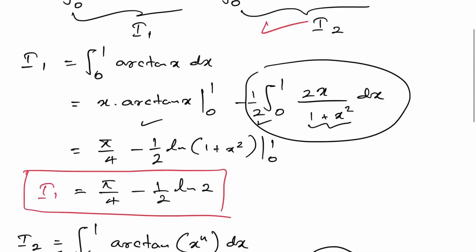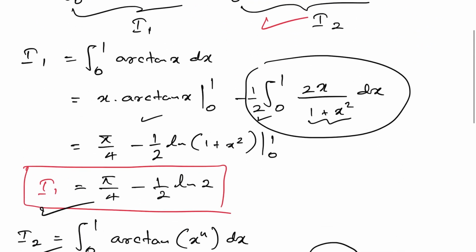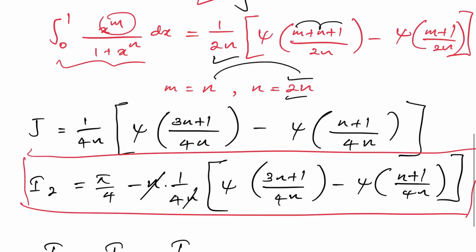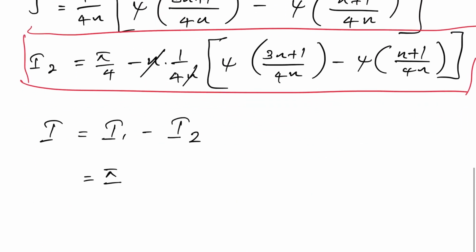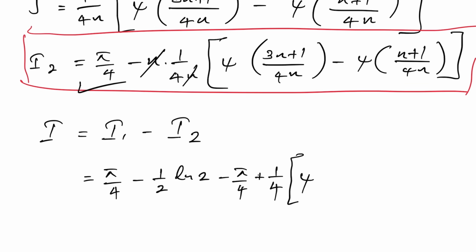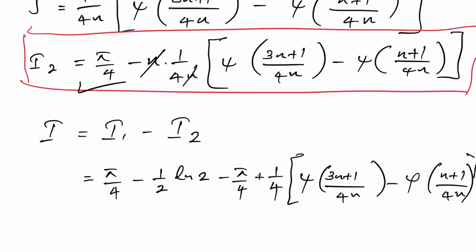I1 is pi over 4 minus 1 half natural log of 2, minus I2, so minus pi over 4, plus 1 over 4 times the digamma of (3n plus 1) over 4n minus the digamma of (n plus 1) over 4n.